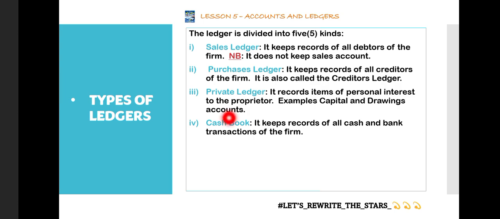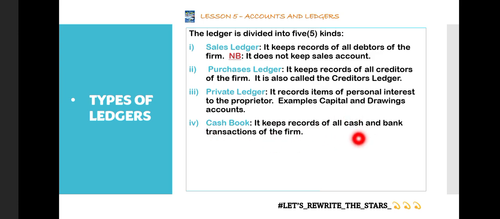So now the last but one, which is the fourth one, is the cash book. The cash book, just as its name sounds, records all transactions that have cash or bank inside. So if you have a transaction which has cash, or a transaction which has a check, which represents the bank, it is recorded under the cash book.